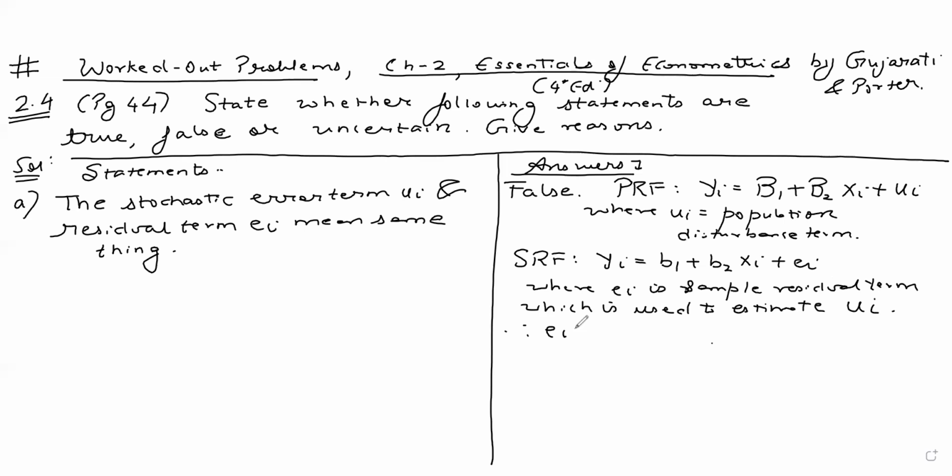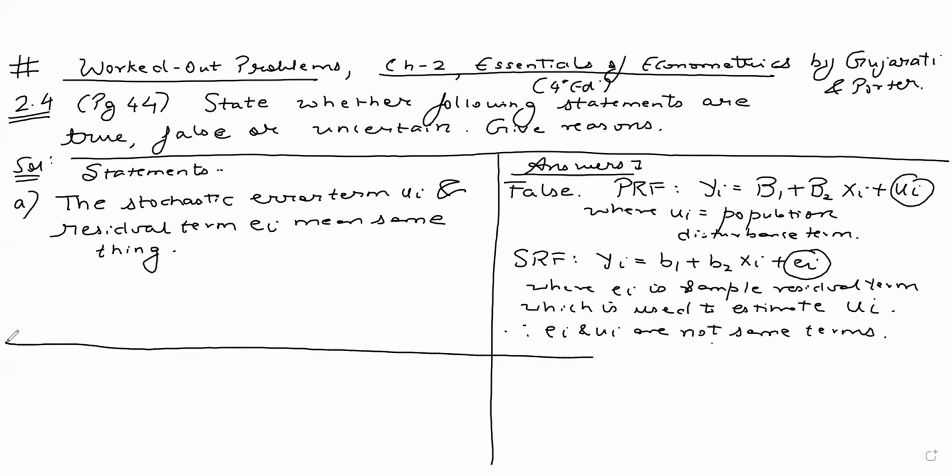So therefore, EI and UI are not the same terms. We can say that EI from the sample is used to estimate UI, which is in the population. Okay, so hoping students have understood this.